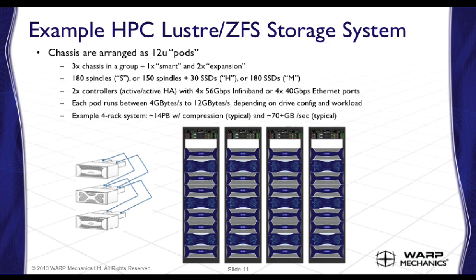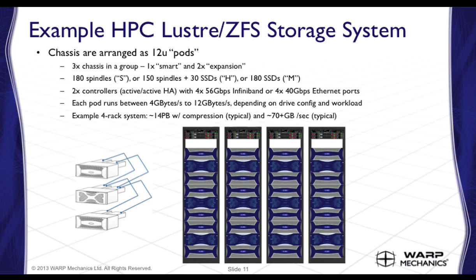So how you would arrange that into a Lustre ZFS production scale file system is illustrated here. This 4-rack system would, in a typical case, produce over 14 petabytes of usable space. That's using Livermore's compression ratios as an example.